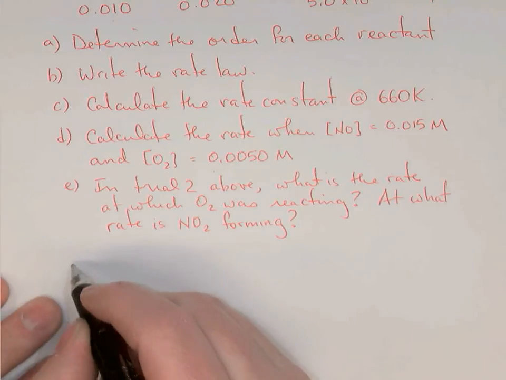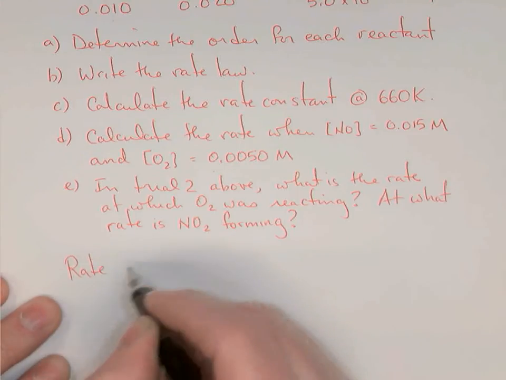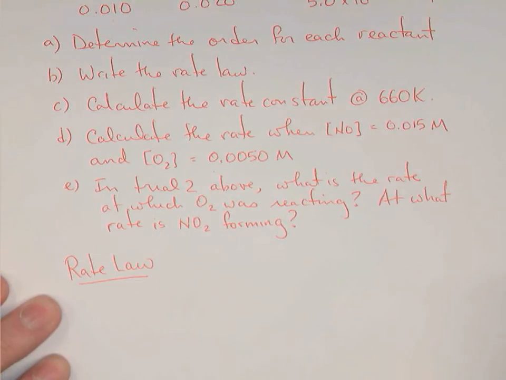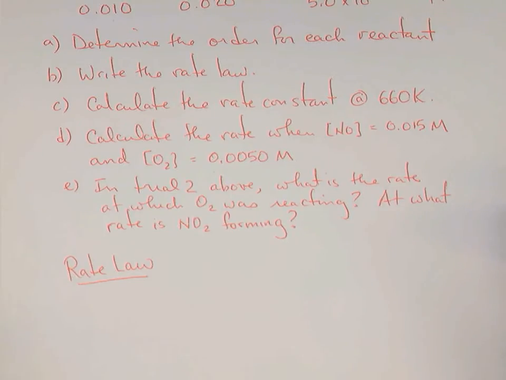Now a rate law is just a mathematical statement that describes how the reaction rate depends on the concentration of reactants. From our factors that affect rates, we remember that temperature affects the rate of a reaction, surface area if there's solids involved, catalysts can also affect rate, but concentration of reactants is a major factor that affects rates.